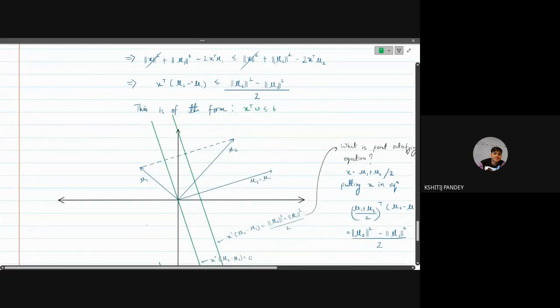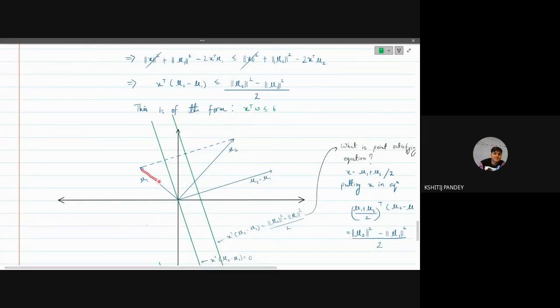So your vector mu1 is here and mu2 is here. So the difference, mu2 minus mu1, will be here. And the magnitude of the difference is this. We can parallelly shift any vector, so this is the magnitude of the difference. Now, where will all x lie where x transpose (mu2 minus mu1) is equal to 0?